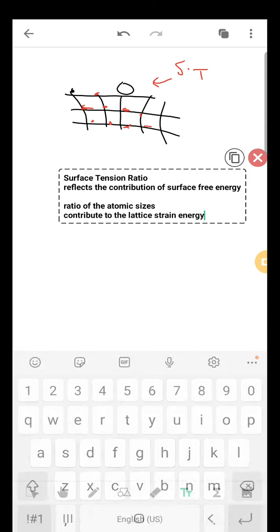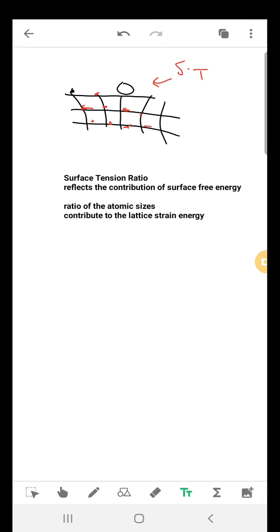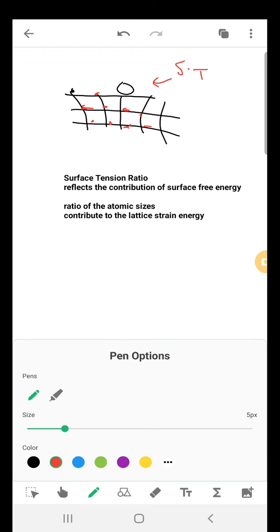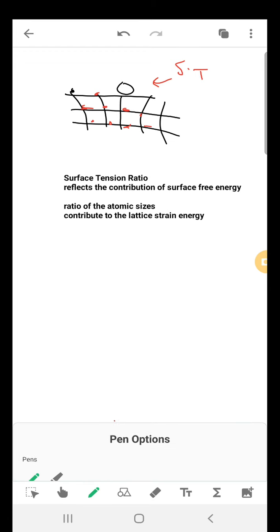Now let us define this quantity as gamma star, and this quantity as sigma star.